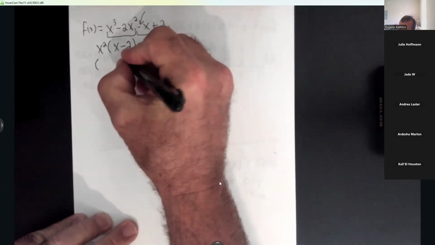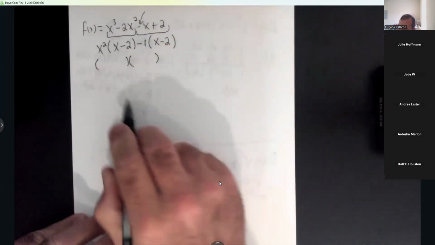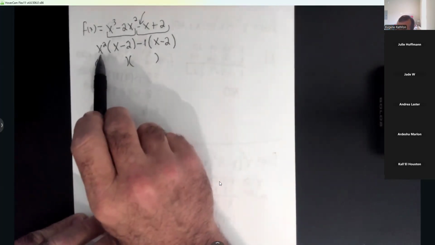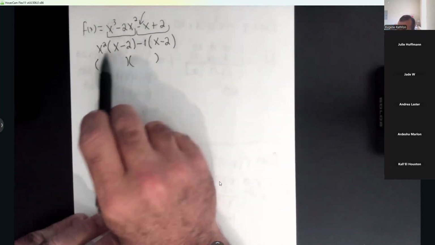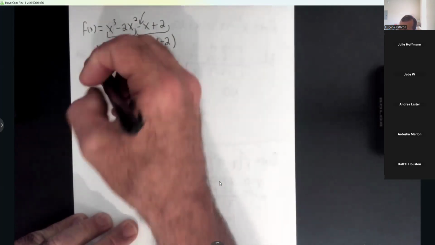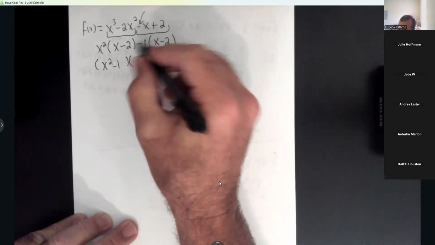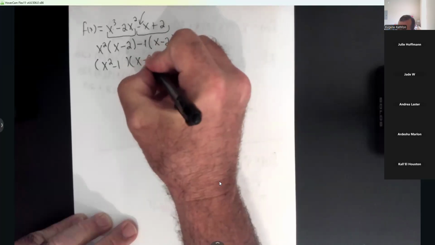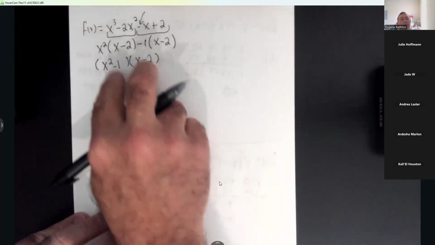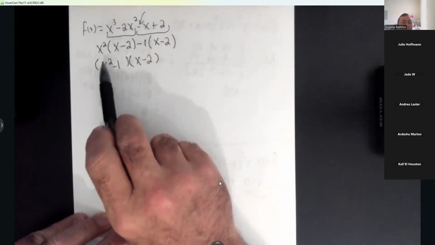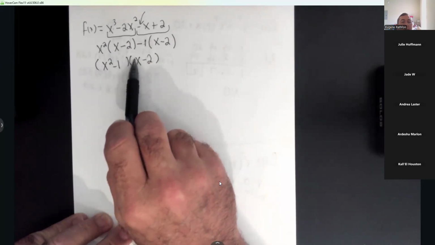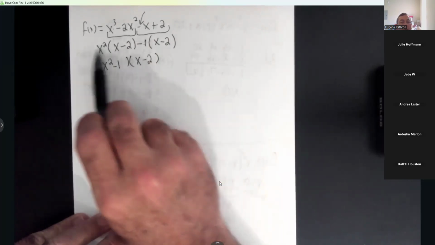So now you form two sets of parentheses. In one set of parentheses, you put the stuff on the outside, the x squared minus 1. And in the second parentheses will be the x minus 2. So we're sort of undoing the distributive property, where you would have done x squared times x minus 2.